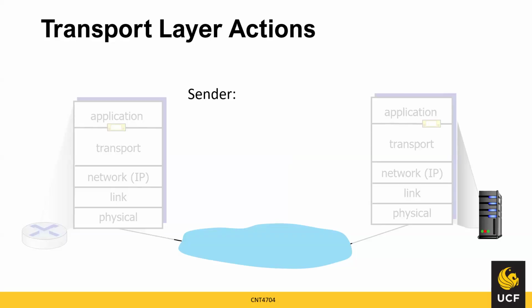This could be anything you are doing in your application: an email, a web page request, or a video you are watching. The app hands this message down to the transport layer. The transport layer receives the message from the application as its input, and the raw data needs to be prepared for transmission.